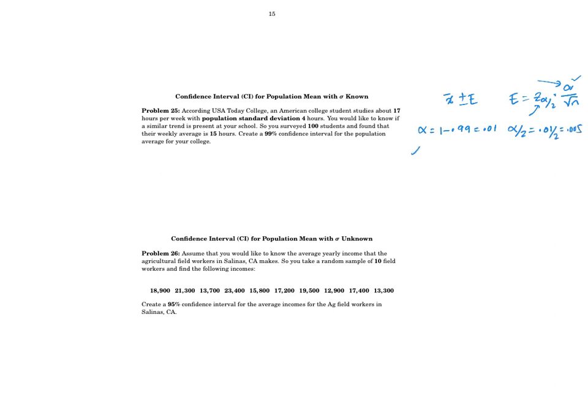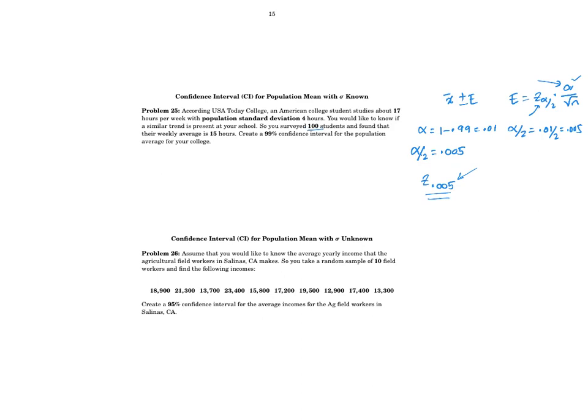So alpha over 2 is 0.005, and you need to look it up from the table to get z sub 0.005. Okay, once you have that value, which by the way you will be getting from the standard normal distribution table, pretty much everything is straightforward.